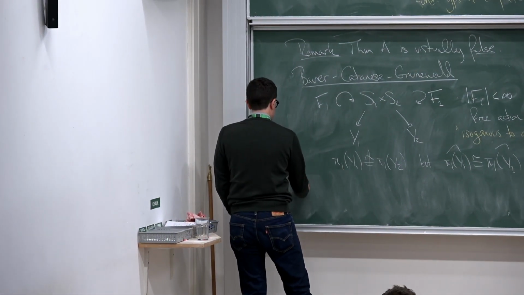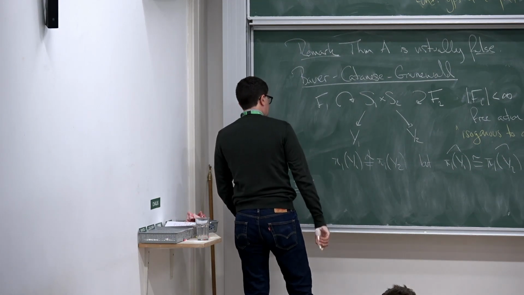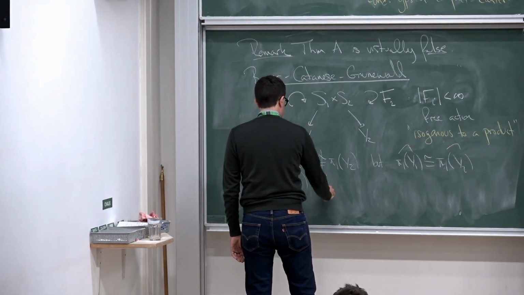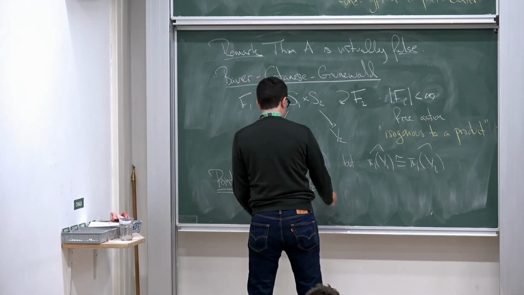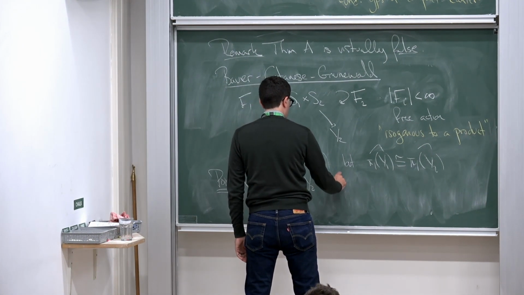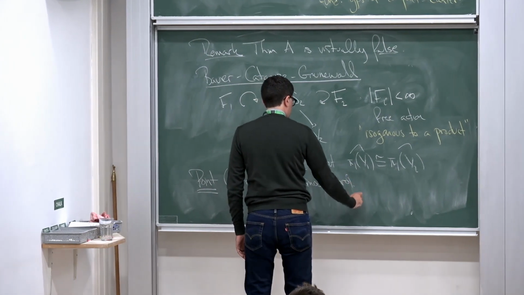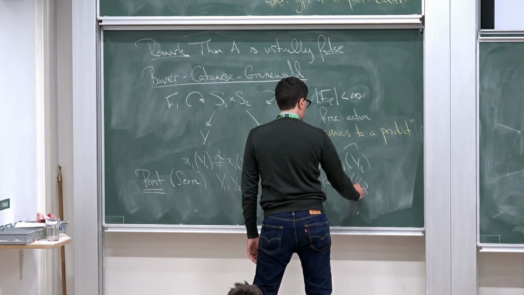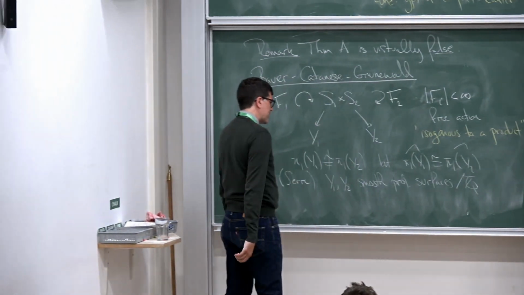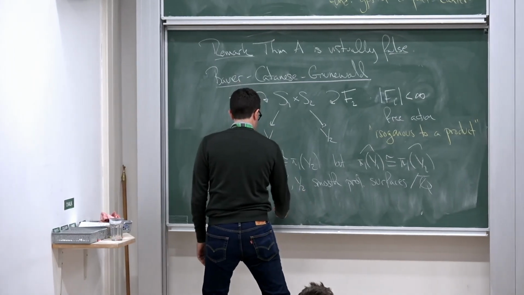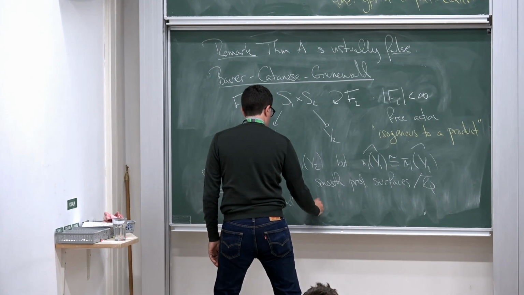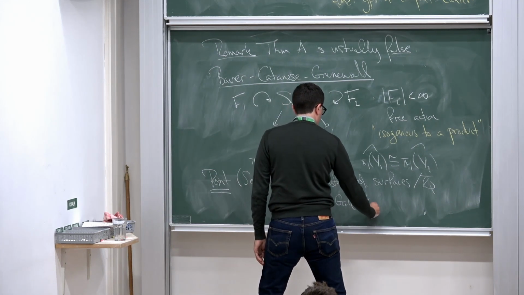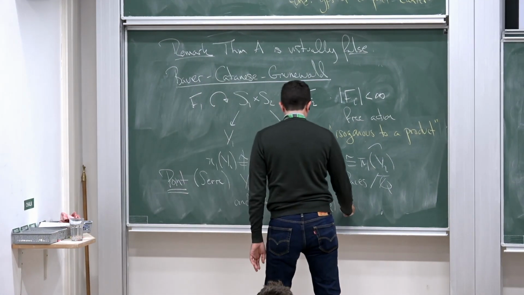And the point here, which goes back to Serre, is that these Y1 and Y2 are smooth projective surfaces, and they can be defined with algebraic coefficients, and they're equivalent under the absolute Galois group.